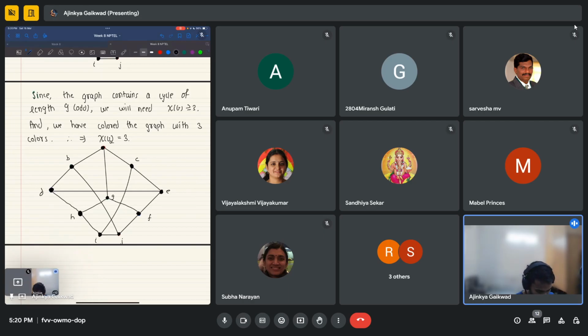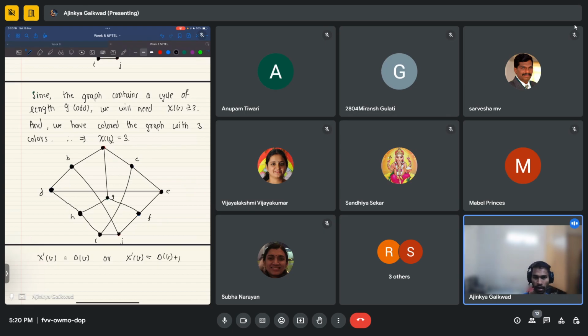So what we have to check is if the answer is 4. The first theorem that you must know when it comes to chromatic index is the following. I'm denoting the chromatic index using chi prime of G. So chi of G is chromatic number and chi prime of G is chromatic index. This is either equal to delta G or delta G plus 1.